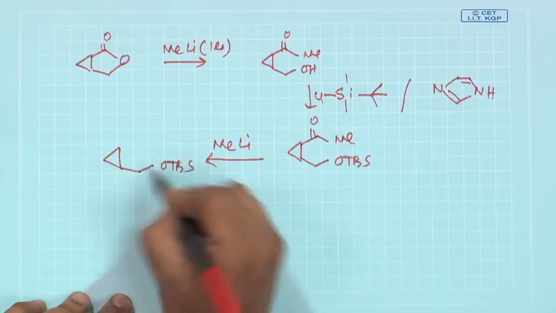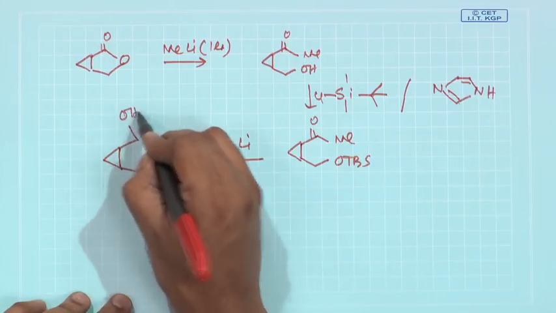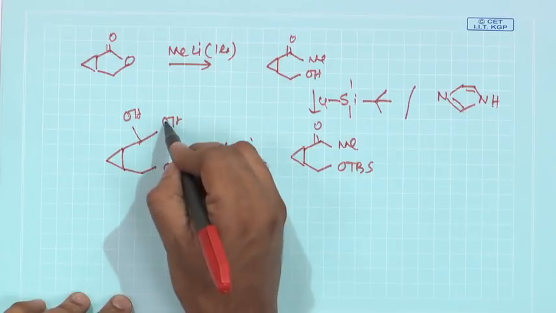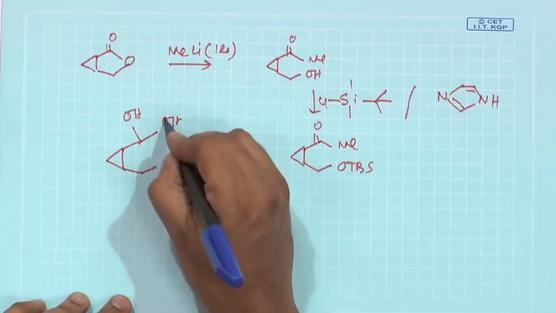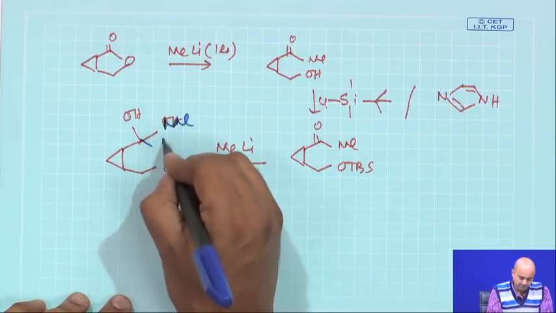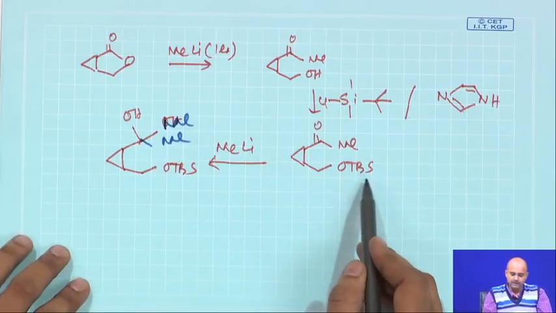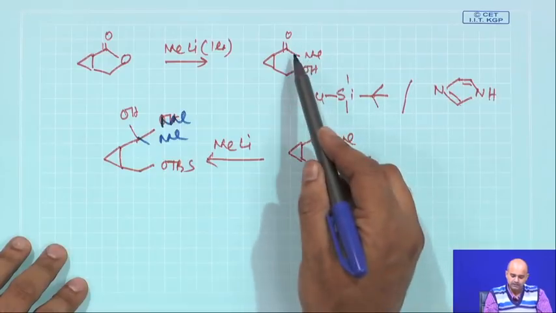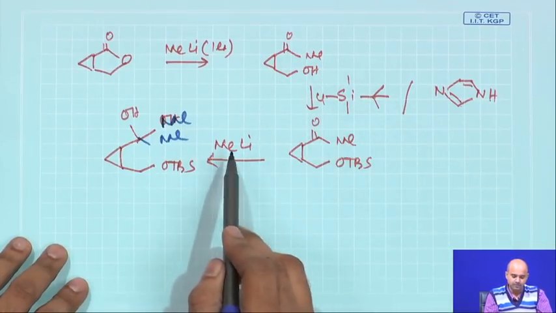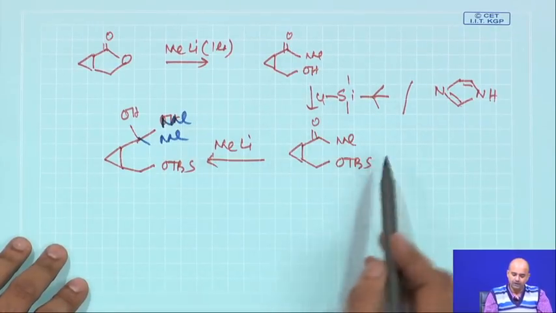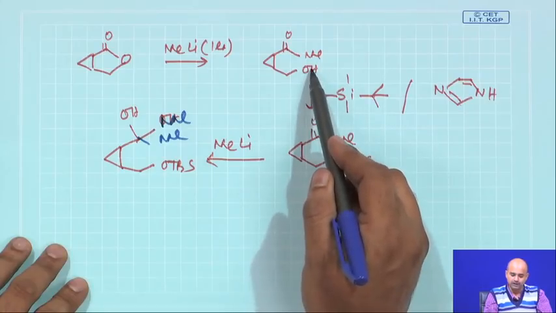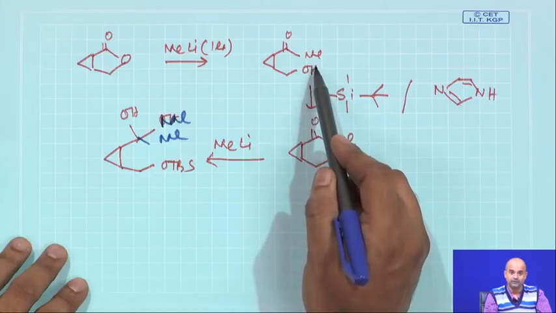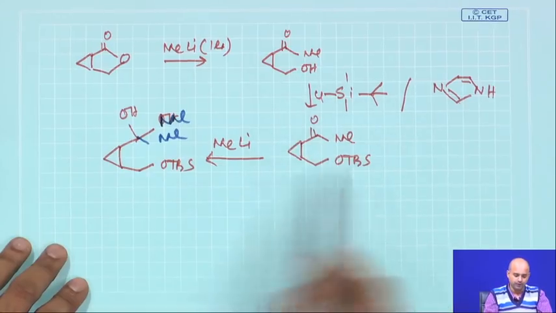Then you use another equivalent of methyl lithium, which will give you the OTBS and this tertiary alcohol OH, with the remaining methyl. You need to protect this CH2OTBS to make sure that the methyl lithium, which is acting as a base, does not cause some disturbance here, that is why this free alcohol needs to be protected.